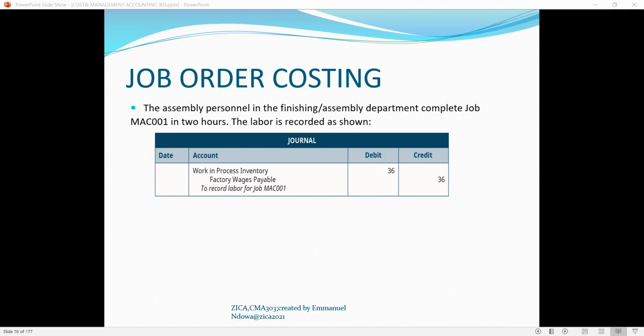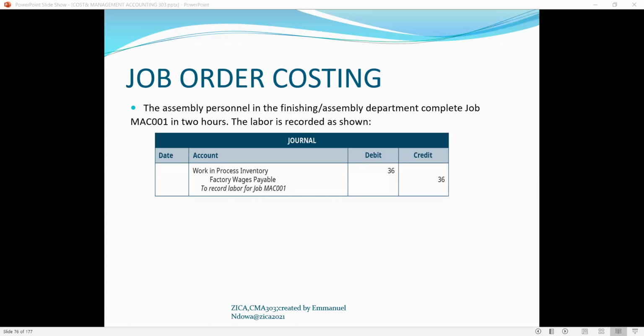The reason why we are debiting the work in process is that this is the account that is receiving the costs in the production unit. That's the account where we are placing our costs. Can you see that we have taken into account the material now? We have given it to the production unit, isn't it?